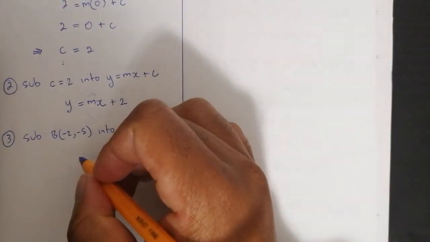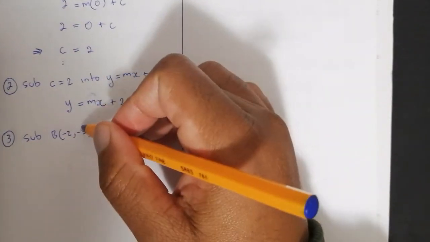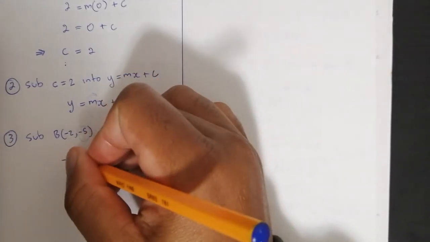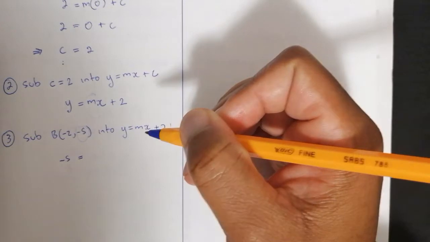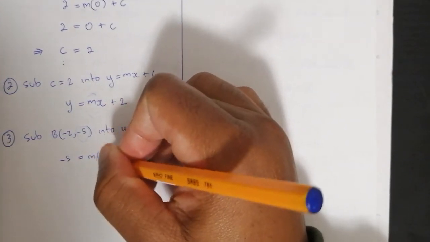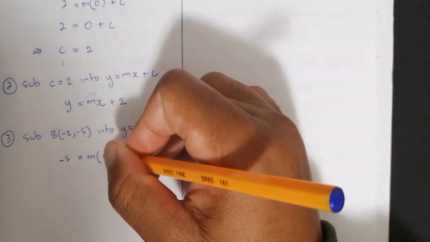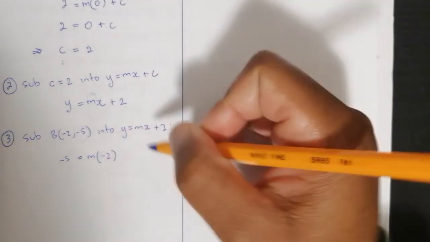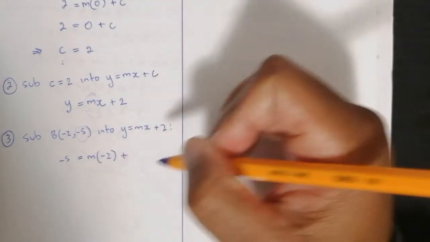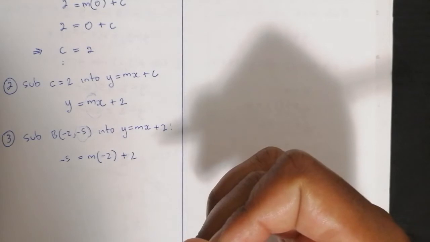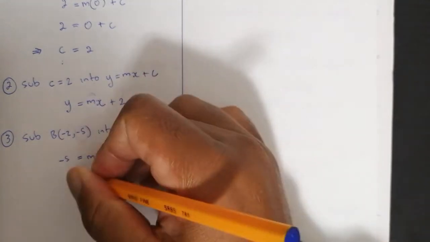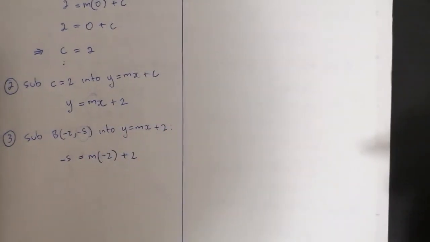And then that gives us, for y, we substitute minus 5 equals m, and then for x, we substitute minus 2, plus 2. Okay. Then we just take this 2 to the other side.